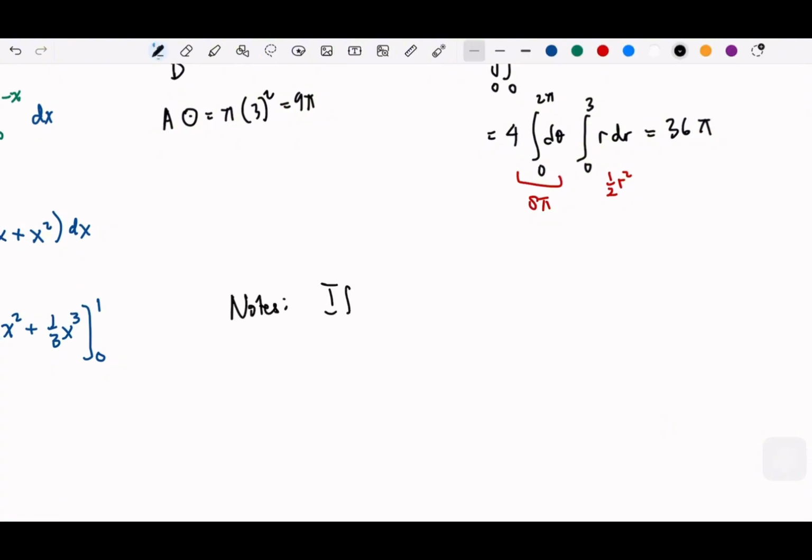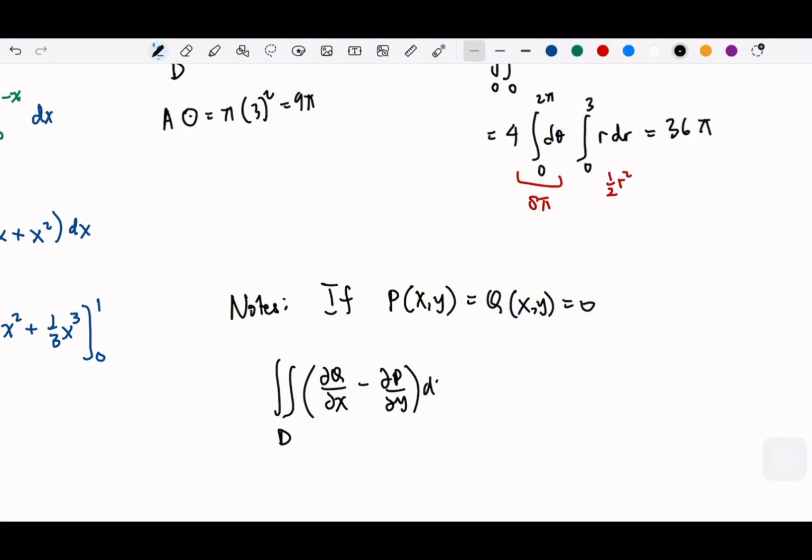Then if P is equal to Q is equal to 0, then all this stuff will be 0, okay? No matter the value in the region.